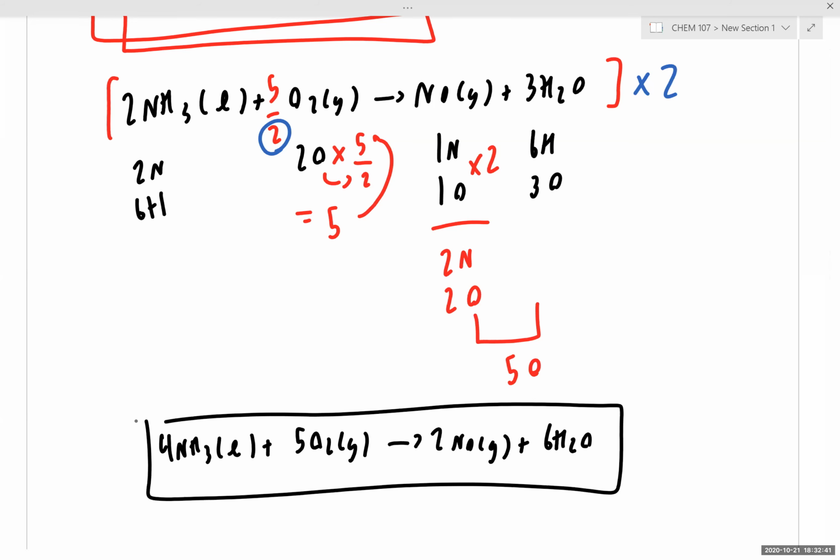The student responses that I've seen looked great so far as well. As long as you take things step by step and you count your atoms each time, you'll eventually reach your balanced equation. Any questions on this example?